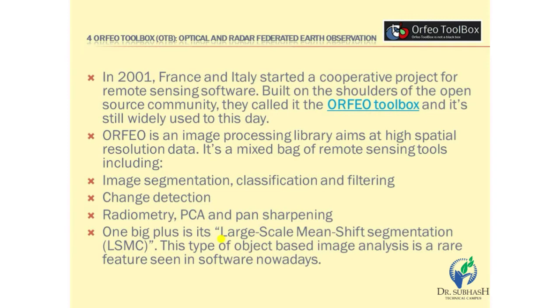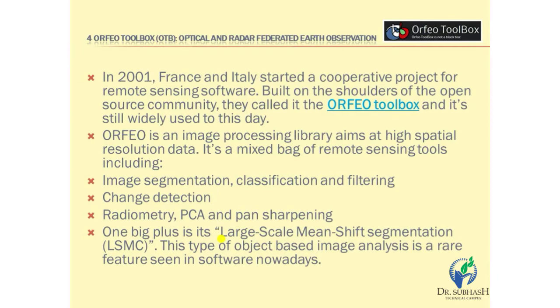Orfeo is an image processing library that aims at high spatial resolution data. It's a mixed bag of remote sensing tools including image segmentation, classification and filtering. If you want to find out the different types of filtering, like if we only want to know how much vegetation there is, those types of filtering capabilities are given in Orfeo Toolbox.